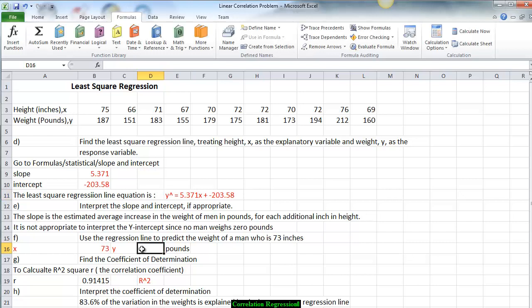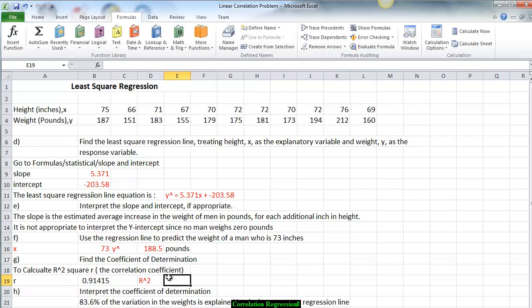Using our regression line formula, the predicted y, or the y hat, is equal to the slope times the height of the man, which is 73 inches, plus the y-intercept. And that tells us that the man is approximately 188.5 pounds.